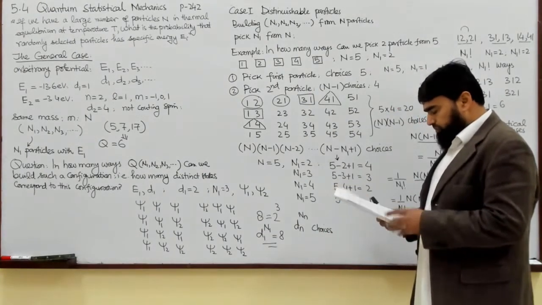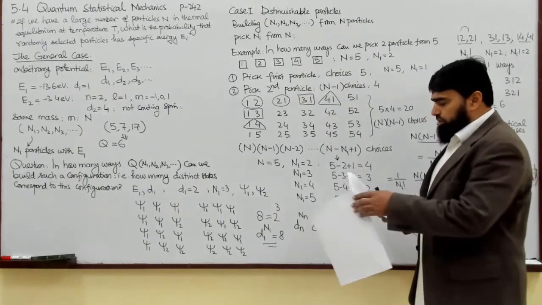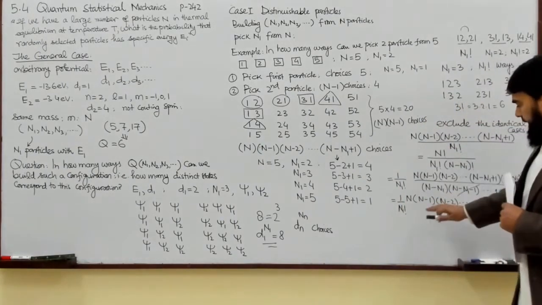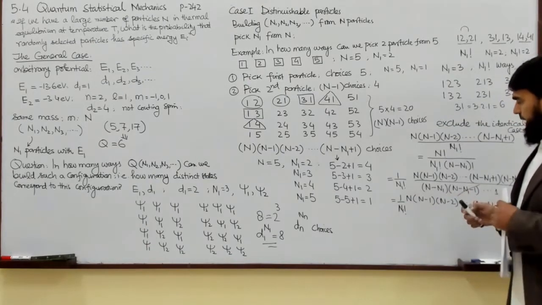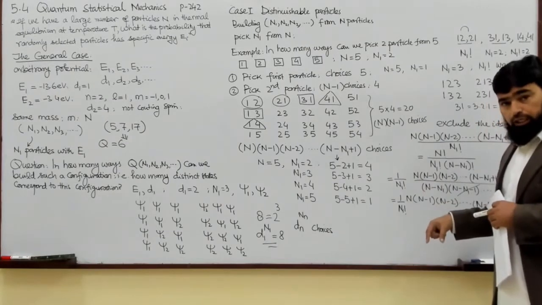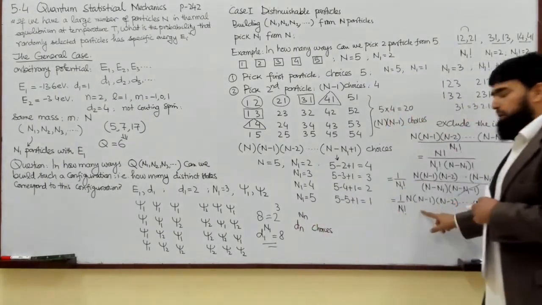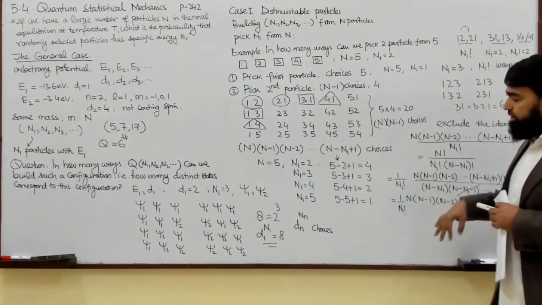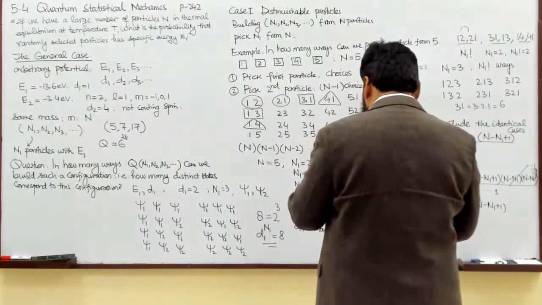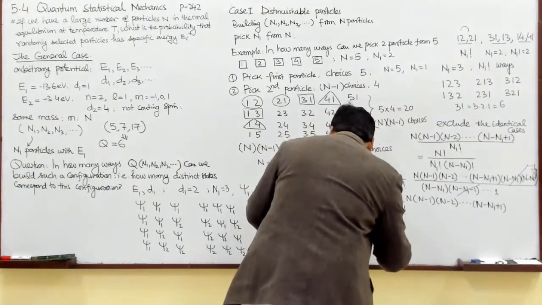And this way I can write my final expression, and the expression is this one. So when I will include the degeneracy, this number of choices will multiply with this one. The number of choices increase, and now the total number of choices will be n factorial.